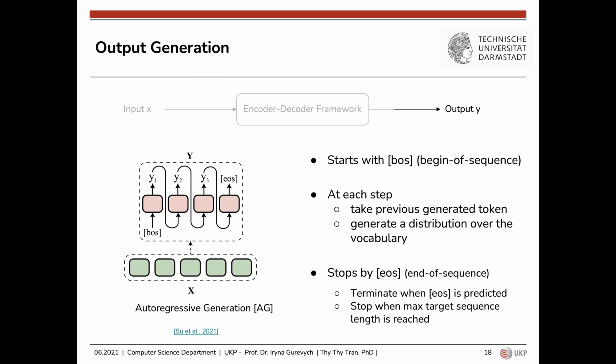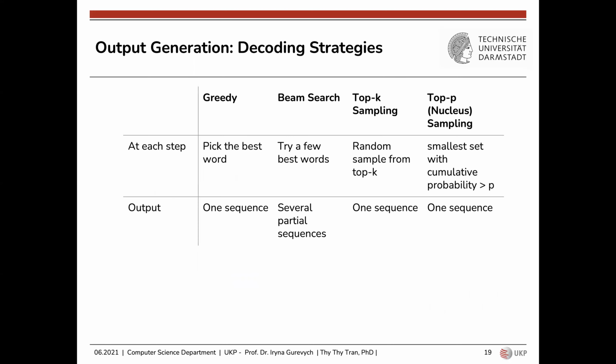So how do we select a token at each time step? There are several decoding strategies for selecting the token at each time step. We will talk about some main strategies that are used in dialogue systems.